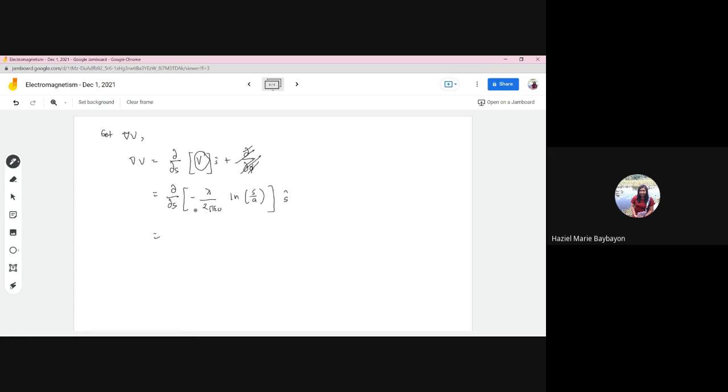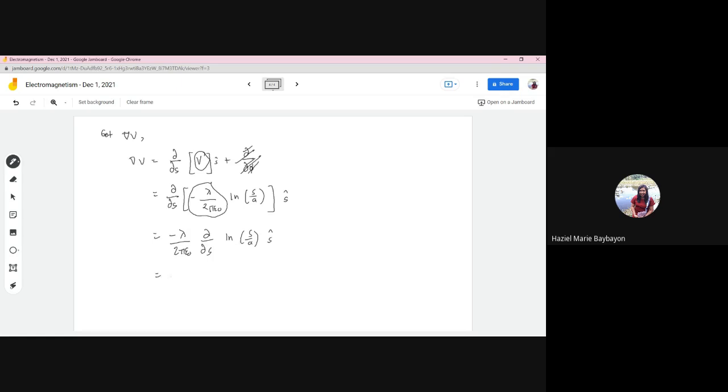So we can take the constants out of the derivative. So we have negative lambda over 2 pi epsilon naught times the partial derivative of ln S over A. So up to here, class.